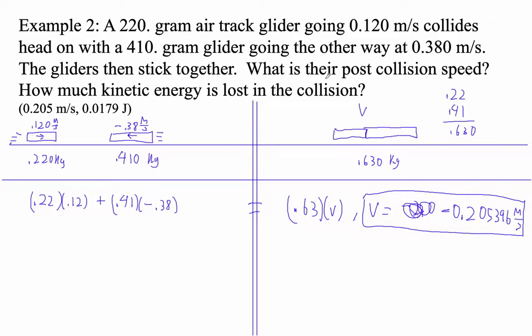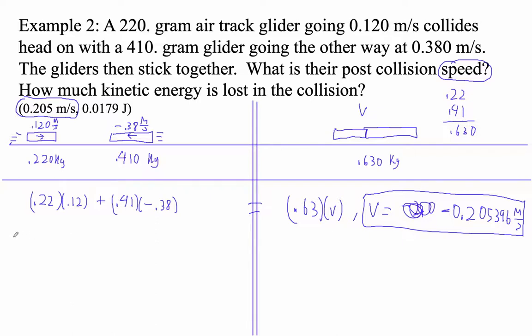Notice it says what is their post-collision speed, so I don't really need to say what the direction is. Although I didn't tell you which way these gliders are going, only that they hit each other head on. I'm just going to ignore minus signs or directions. But when you find the kinetic energy, don't round this value.